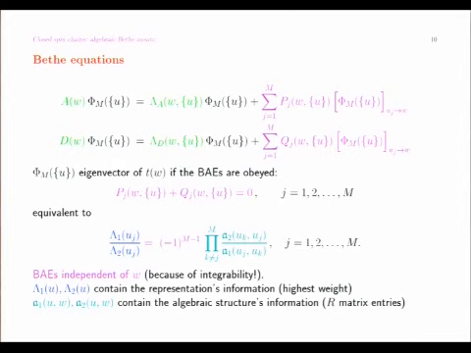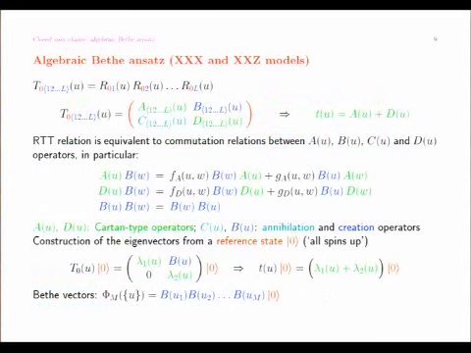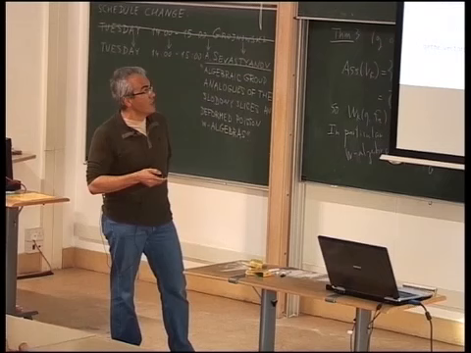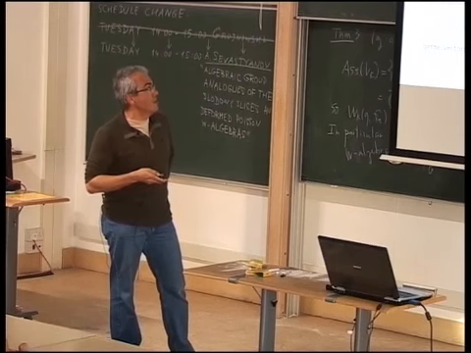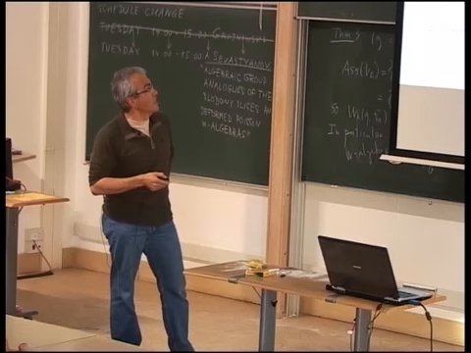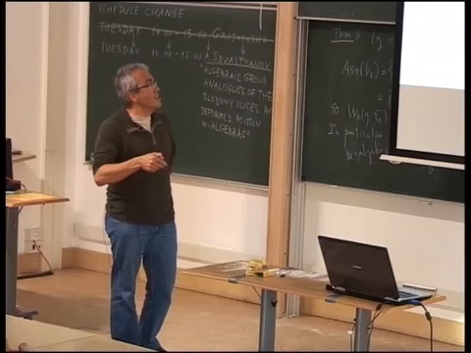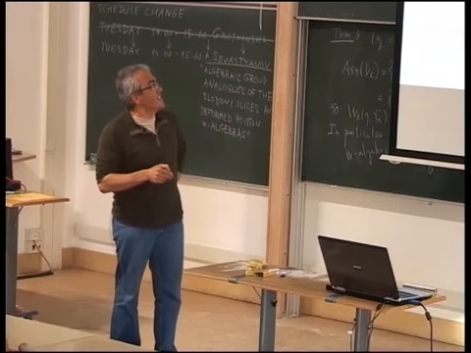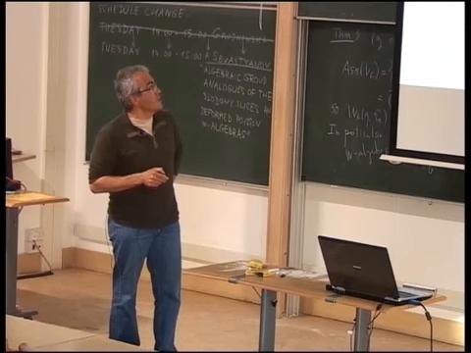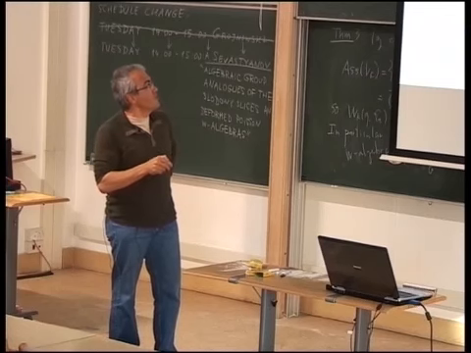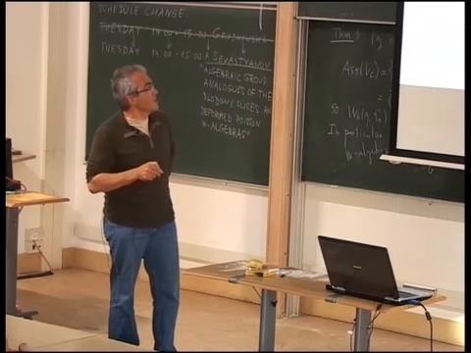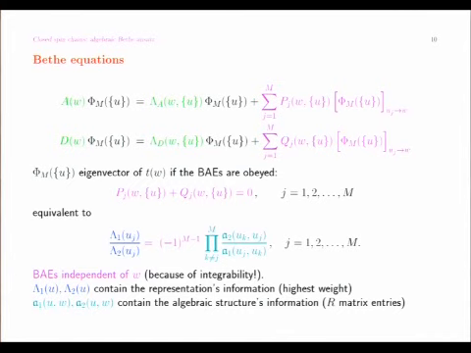From the commutation relations, there is one part which just gives you an eigenvector, plus terms, which tell you that in general it's not an eigenvector. I don't want to give you the exact expression, but just the idea.